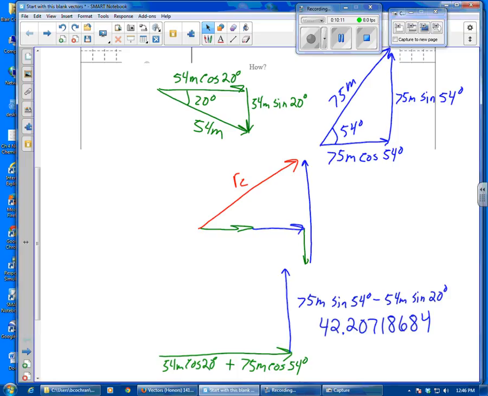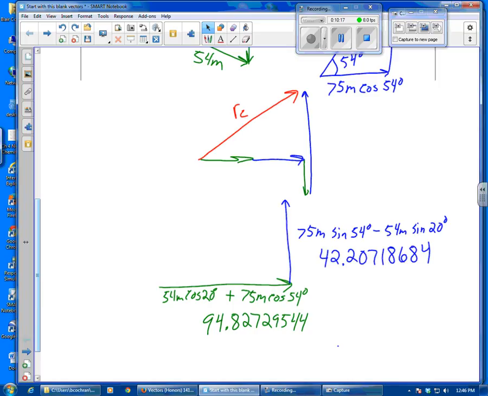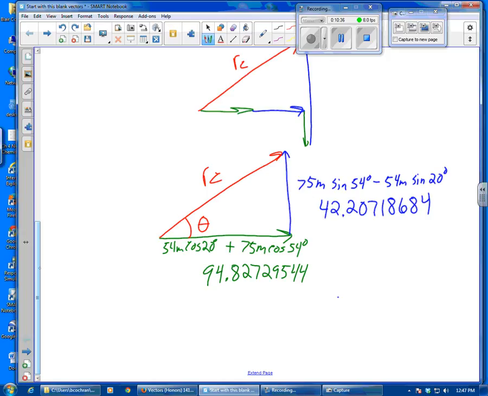I'm getting close. I'm almost done. Now I have two legs, and I want to find this length, RC, and this angle. So to find the hypotenuse of a right triangle, when I have the two legs, I'm going to use Pythagoras, right?